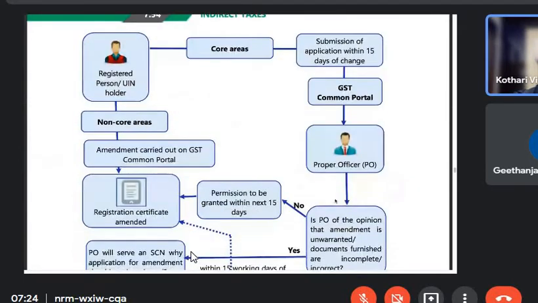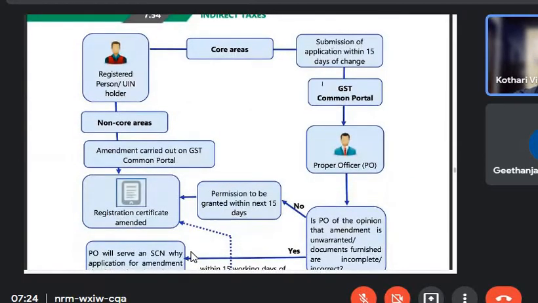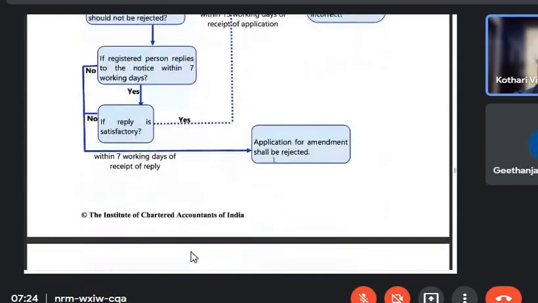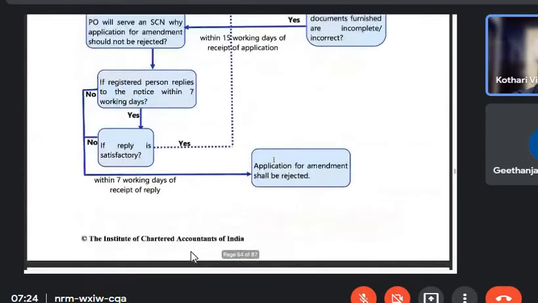So core area, non-core area. Core area means the approval of the officer is necessary. Non-core area, automatically once you apply, it will be accepted. And if you apply in the core area and the officer rejects, then the officer has to give you a reply stating that he is rejecting and ask for clarification.